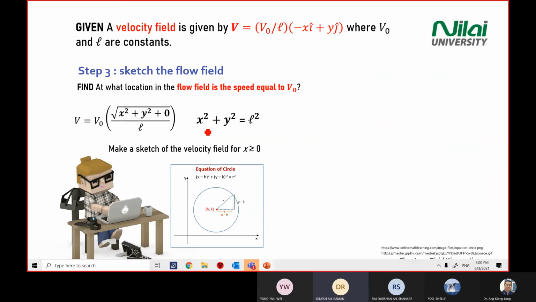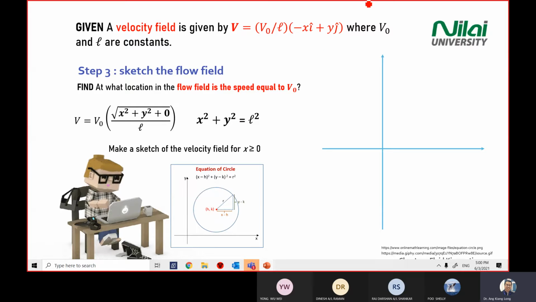All right. Now I put the information side by side again. From here, you know that your circle is at the origin if you want to draw a circle. So you draw a draft of the circle. You draw the x-axis and y-axis, and you know that the velocity field is in circle form. The L is actually the radius of the circle.